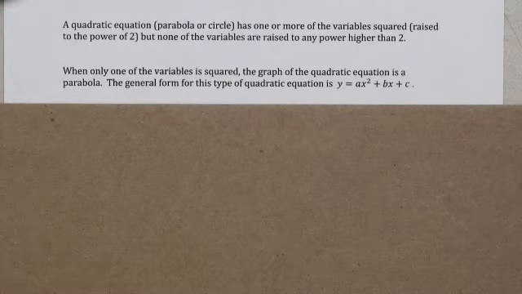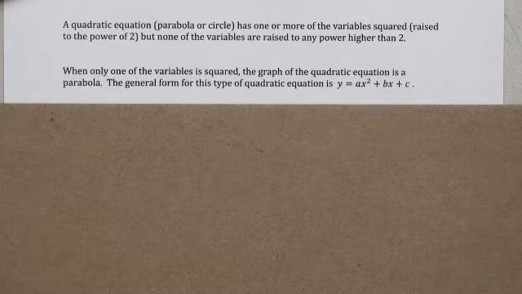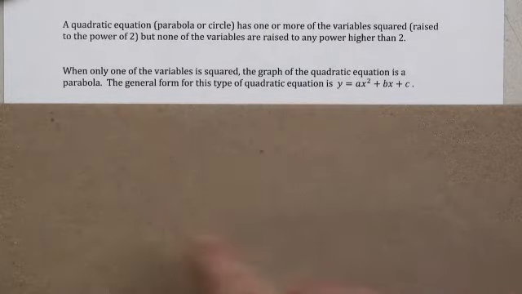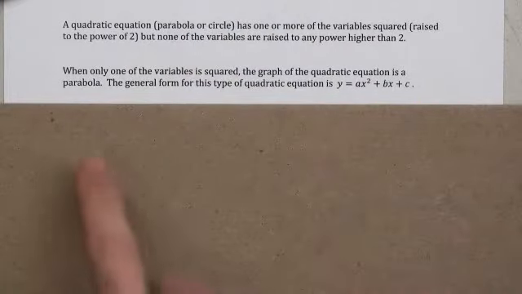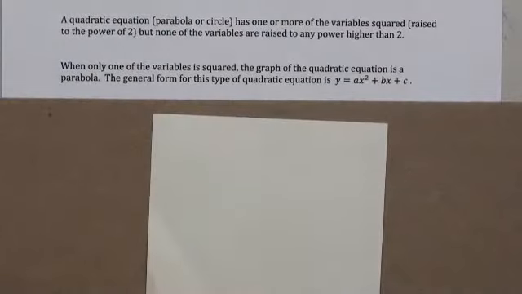When only one of the variables is squared, the graph of the quadratic equation is a parabola. We'll see what that looks like in case you don't know, but really at this point you should know a parabola is one of those U's. It's a U or it's a hill. Let me just really quickly give you a quick example of what that looks like.